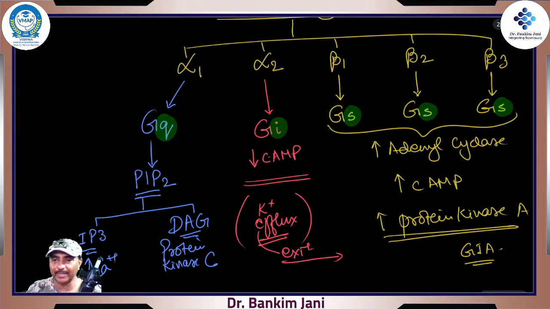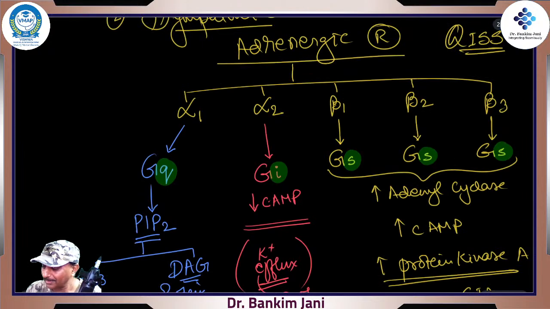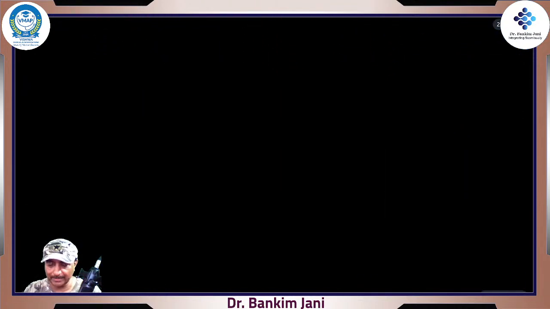Yeah, phosphatidylinositol, that's what it will be. But this is where we add one more S. So this is alpha 1, this one is alpha 2, this one is beta 1, this one is beta 2, this one is beta 3, right? So that is how these sympathetic receptors are classified.